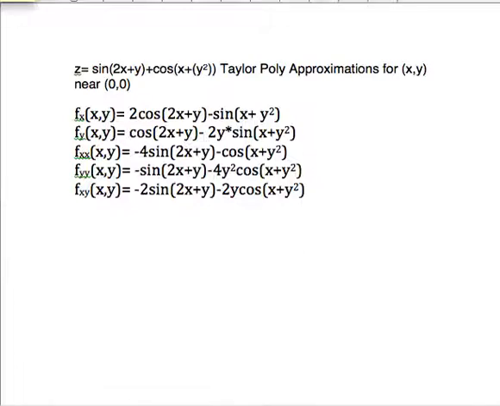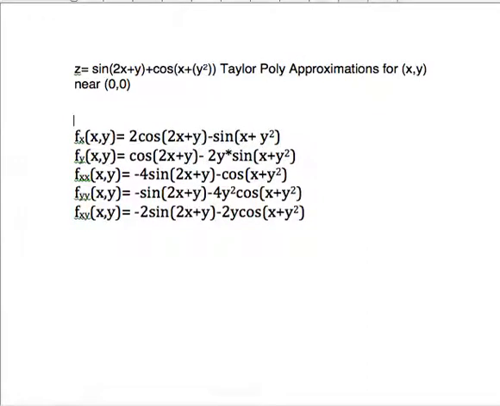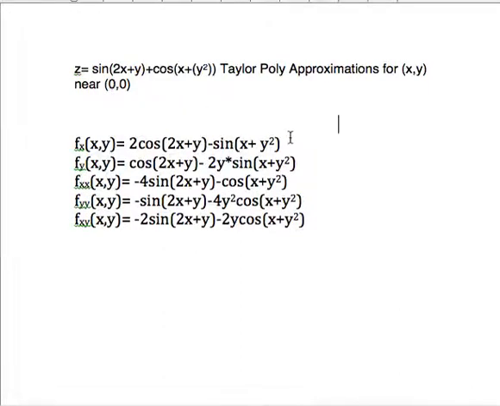Okay. Now, the next move that we are going to do is see what f of 0, 0 is for f, fx, fy, fxx, fyy, fxy. Okay, I'm just going to bring this over a bit. So, what is f of 0, 0?